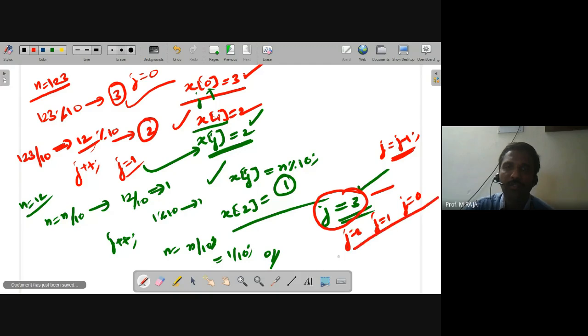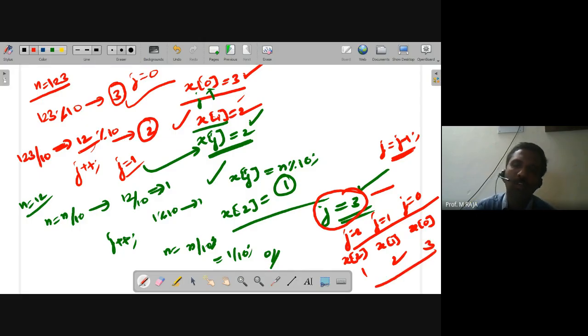We need to process the values x[2], x[1], x[0]. x[2] is 1, x[1] is 2, then x[0] is 3. So process the remainders stored in the array x in the reverse order.